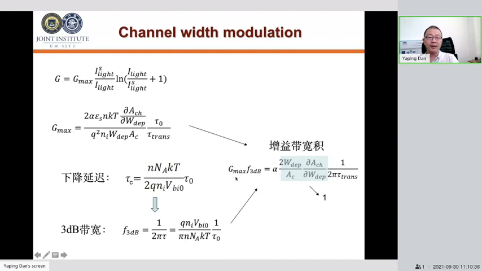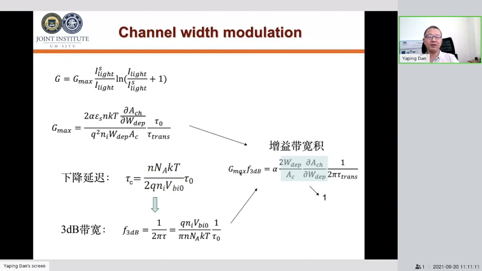So the gain bandwidth product can be written as the maximum gain times the 3 dB bandwidth, with this equation. The last part is the PIN junction gain bandwidth product. This equation will approach 1, but will not be higher than 1. The alpha is the absorption ratio, which is normally less than 1.